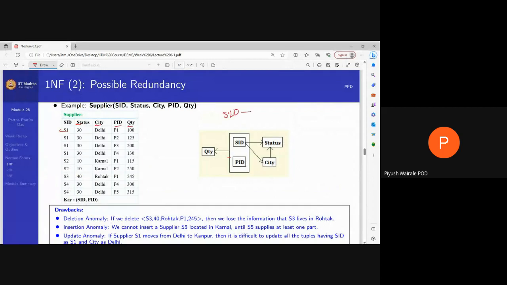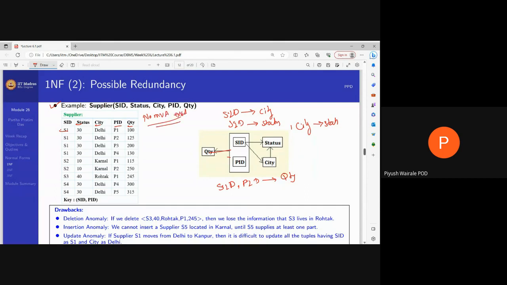SID determines city, SID determines status, and city determines status. And SID and PID combined determine quantity. Now you can see this table is in 1NF because there is no multi-valued attribute. The domain is atomic, so we can say it is in 1NF.